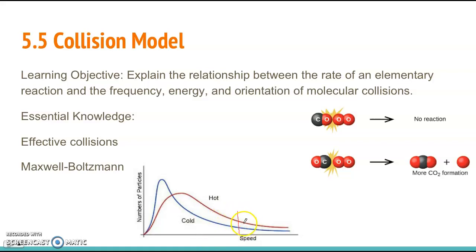So at higher temperatures, you can see you're going to have a greater number of particles that have enough kinetic energy to collide and turn into products. At lower temperatures, you don't have as many effective collisions. So the way to increase the reaction rate is to get a greater number of effective collisions.